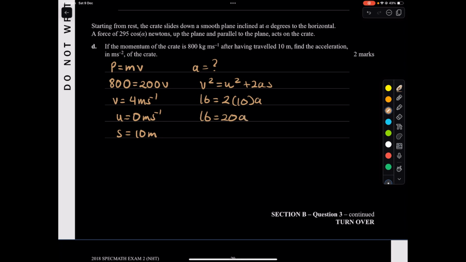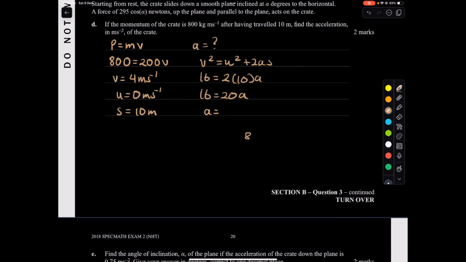Your acceleration is 16 divided by 20, like 8 over 10, 4 over 5. So it's just 4 over 5 meters per second squared. That's pretty much it.